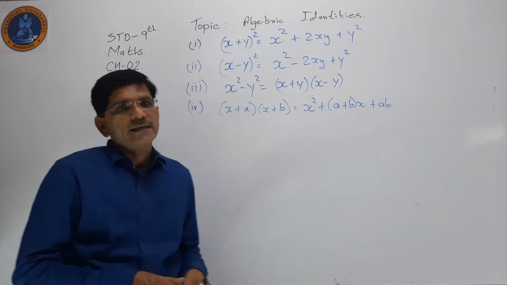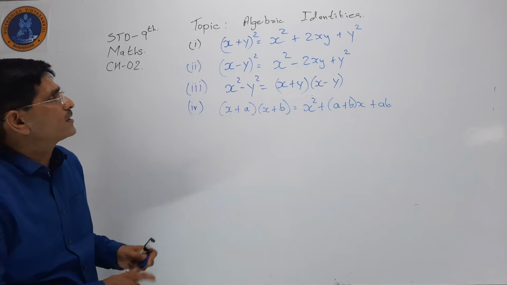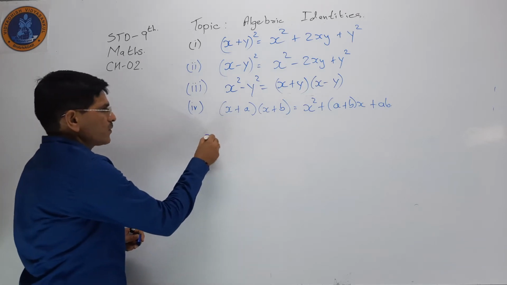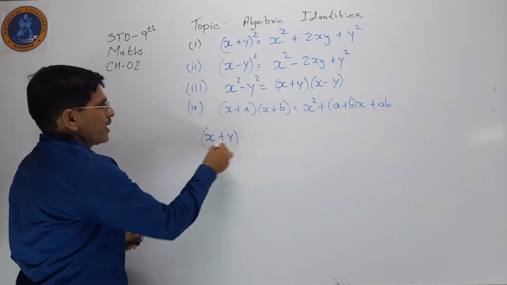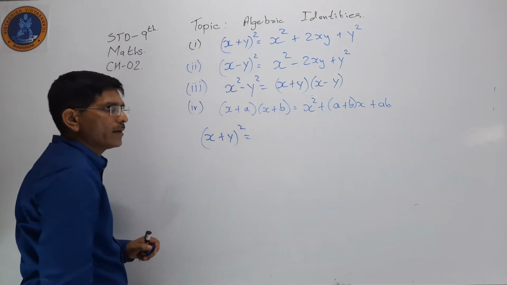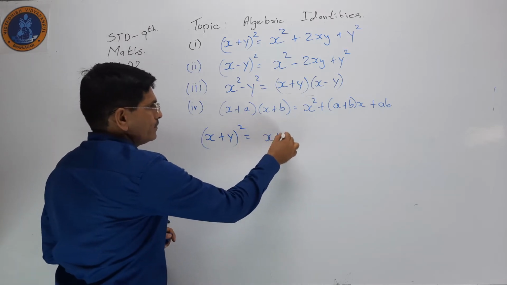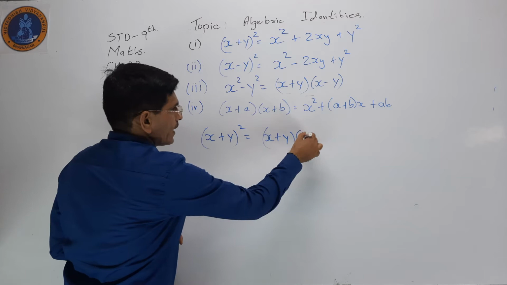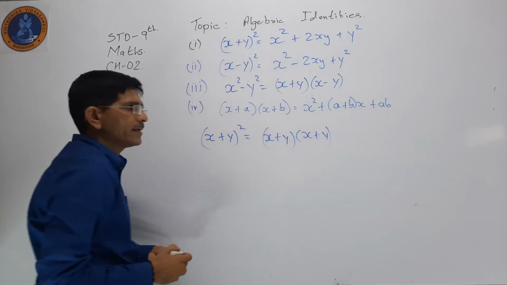Now how do these identities work? We have to first understand. (x plus y) whole squared means x plus y two times.